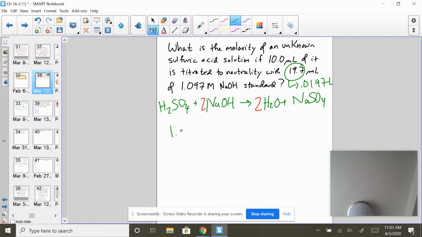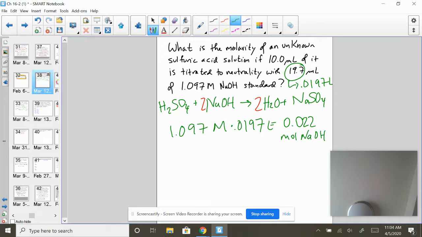So we've got 1.097 times 0.0197 liters, and that's going to give me 0.022 moles NaOH. So that is step 2 done. I've calculated the moles needed to neutralize the unknown.